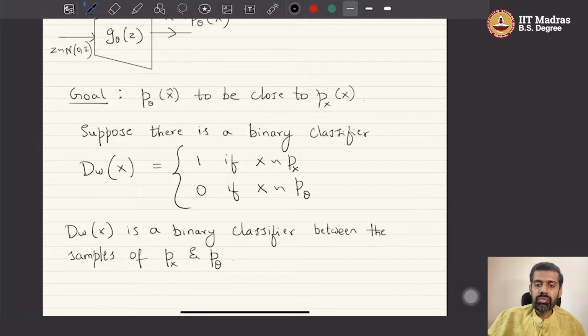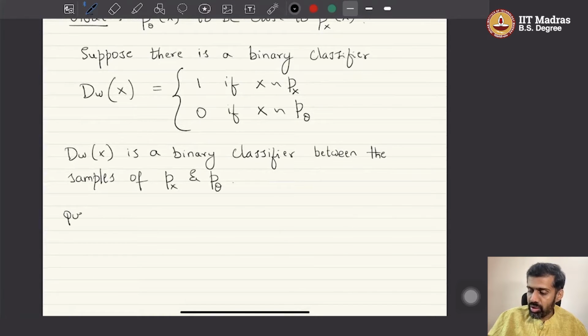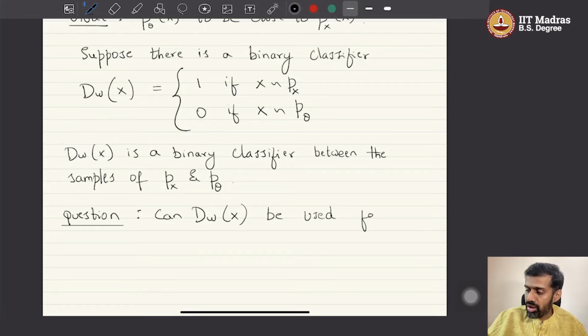The question that we would want to ask is the following: can D w of x, the classifier that we just described, be used for making p theta and P X close to each other?